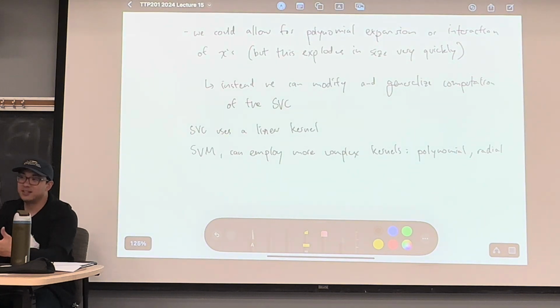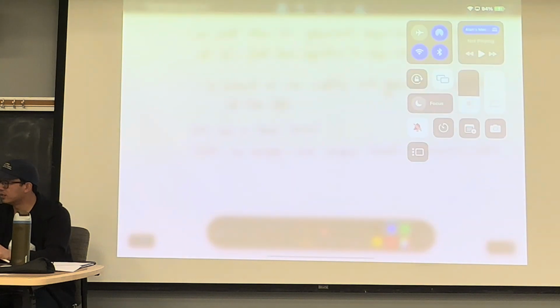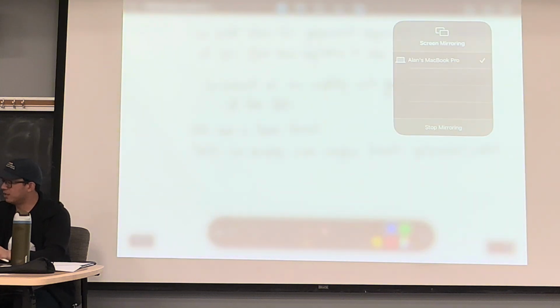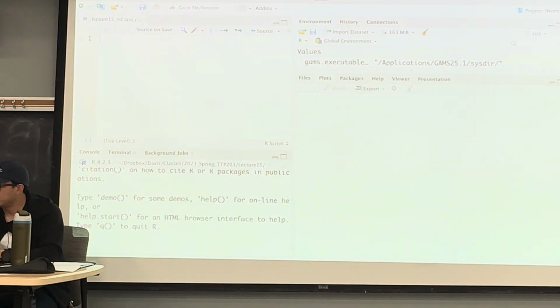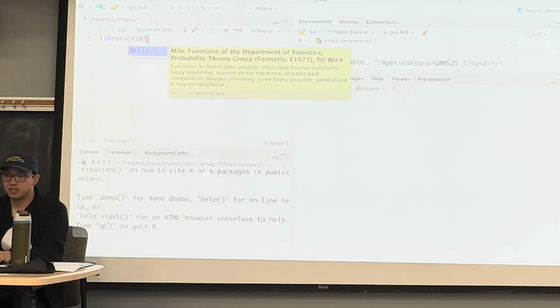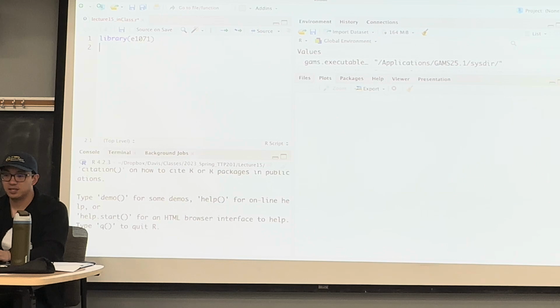So principally, this is just building off of things that we've learned with the kernels. Okay, so let's take a look at implementing this in R. We're going to use a couple libraries here, and I believe I put all the resources you need for this on Canvas already.